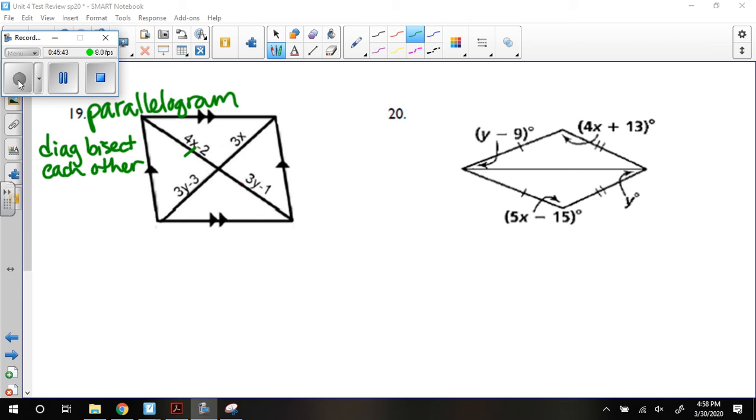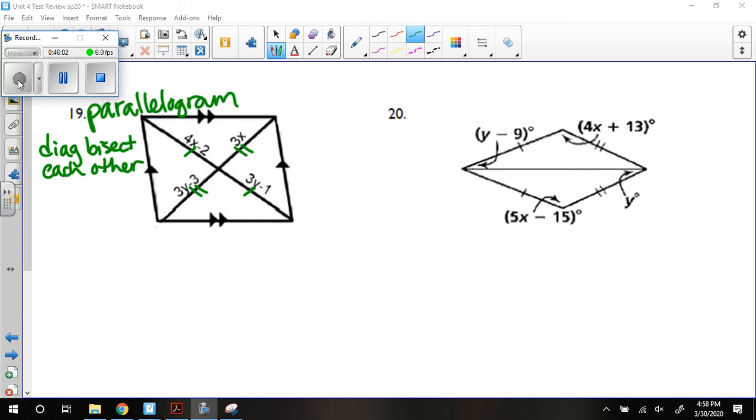Okay, so that means this piece is congruent to this piece, and this piece is congruent to this piece. But we do not know that the diagonals are equal to each other.